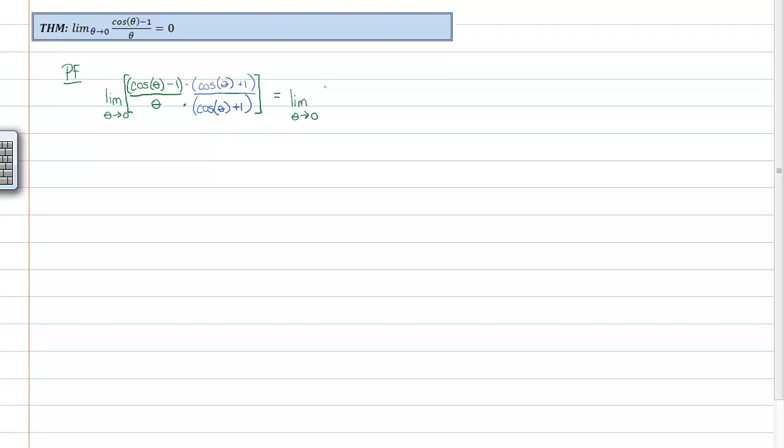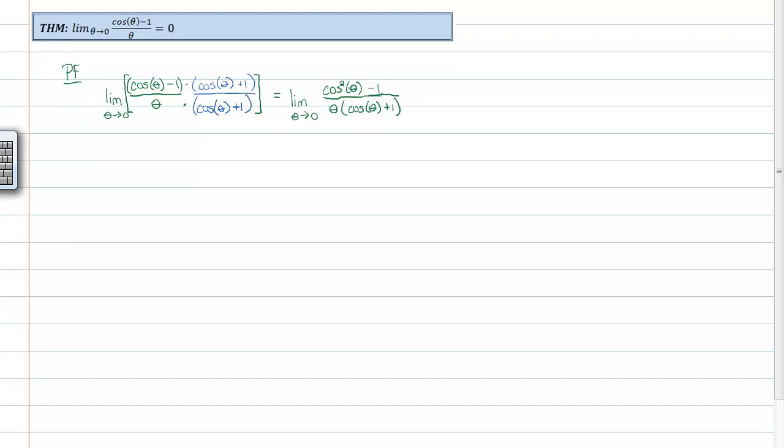You see the numerator is actually a difference of squares, so that's going to be cosine squared minus 1. And the denominator I'm going to leave factored, and that's always a common tactic when multiplying top and bottom by something. You always like to leave denominators factored if you can, mainly because they're of no use when you multiply them out. They're more useful when you have them factored.